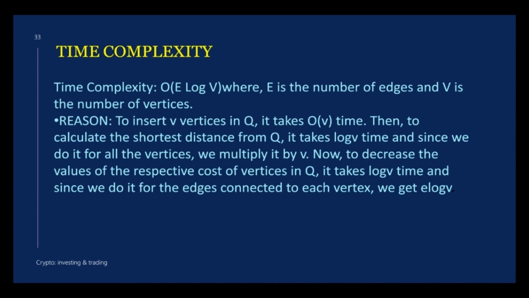And since the number of neighbors is equal to number of edges from that particular node, we multiply it by E. So now we have three things: big O of V log V, big O of E log V, and big O of V. And out of these three, big O of E log V is biggest. Thus, the time complexity is big O of E log V.